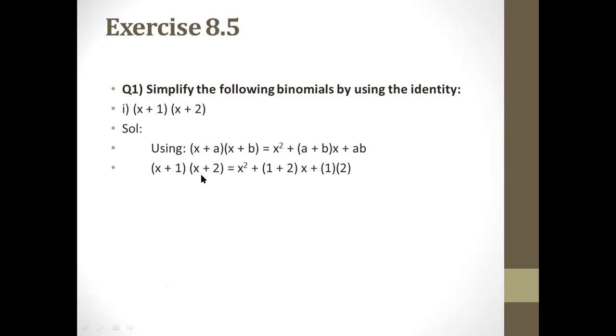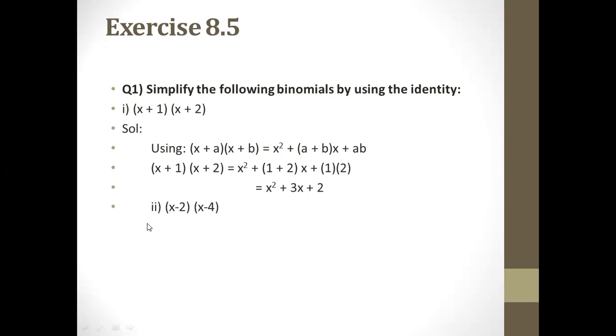So x multiply x, the same formula we are going to use: x square plus the sum of the second values of both brackets, 1 plus 2, with the variable x, plus 1 multiply with 2. So we get x square plus 3x plus 2. With the help of the formula, we solve it.